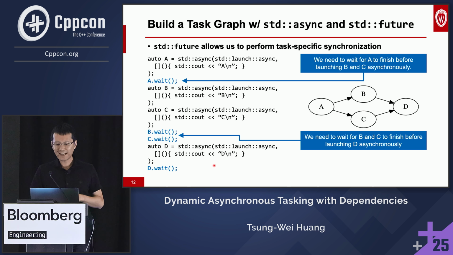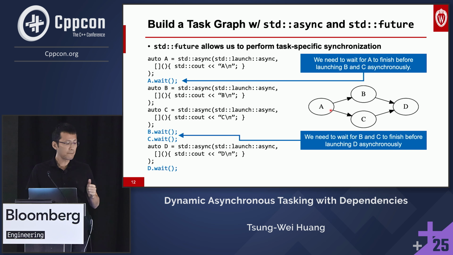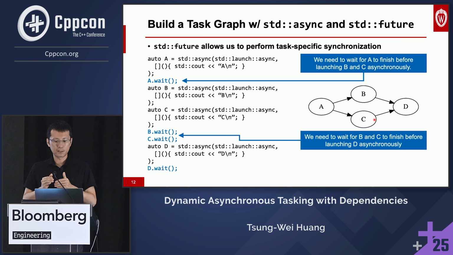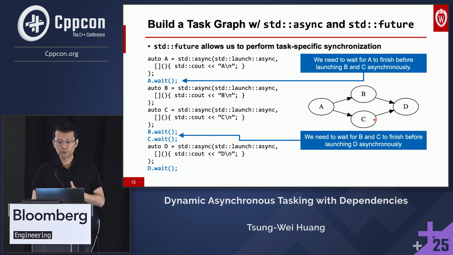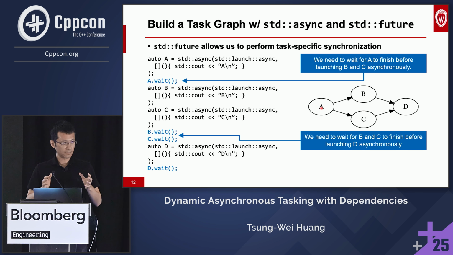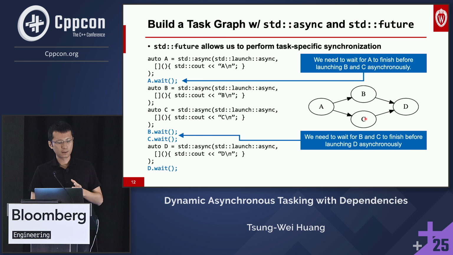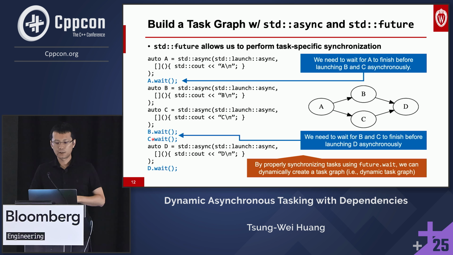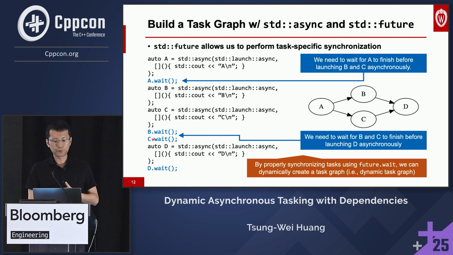For example, suppose my task graph has 4 tasks, A, B, C, D. A has to run before B and C. D has to run after B and C. To ensure a correct execution, we need to wait for A to finish before launching tasks B and C. And similarly, before we launch task D, we need to explicitly wait for B and C to finish. As a result, by properly synchronizing these asynchronous tasks using future.wait, we can create a task graph dynamically.